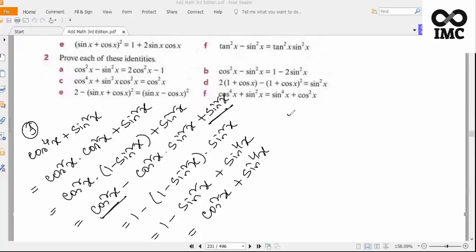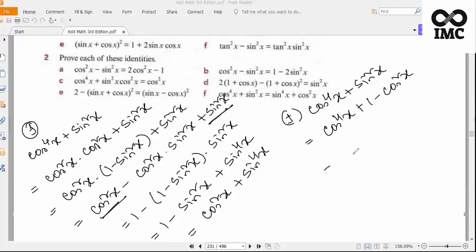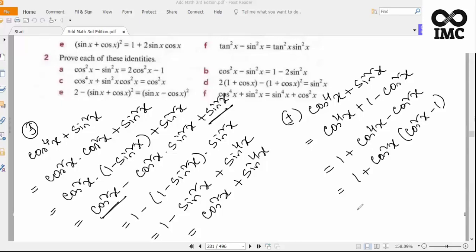We can solve it in another way, that is cos⁴x + sin²x. Suppose sin²x. What is sin²x? sin²x equals 1 − cos²x. So 1 − cos²x, or 1 + cos⁴x − cos²x. Here 1 plus, if we take cos²x as a common factor, we will get cos²x (cos²x − 1). Okay.